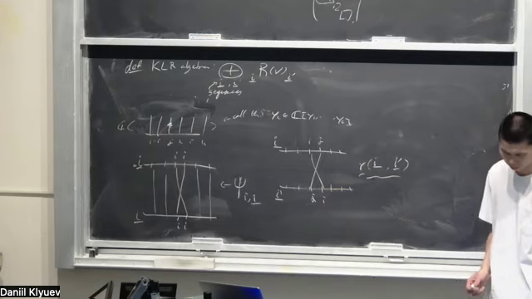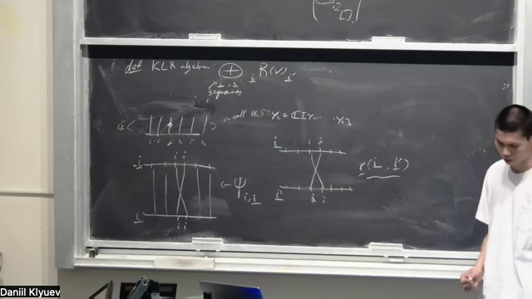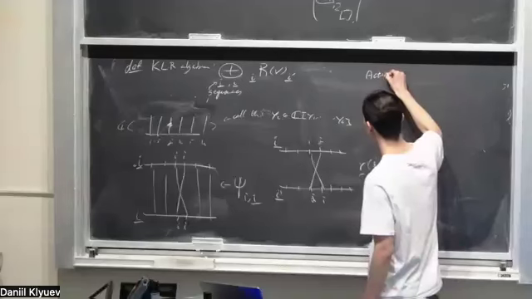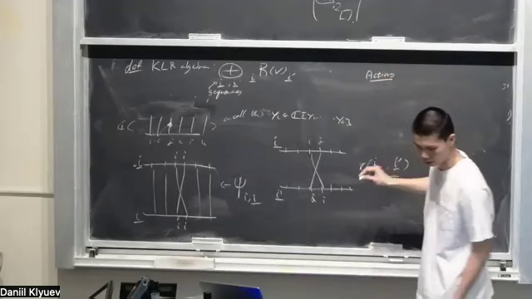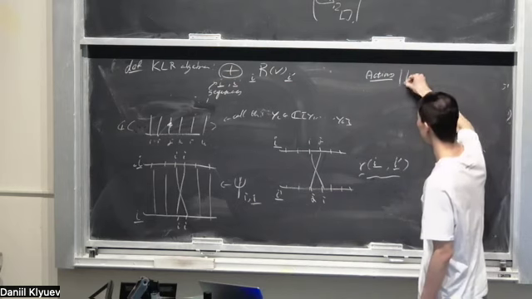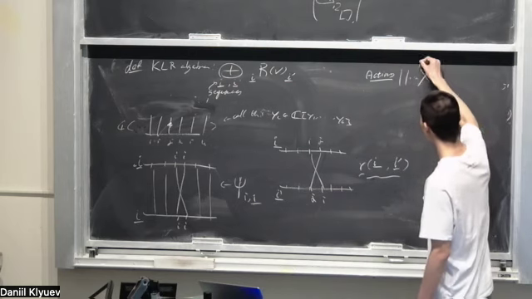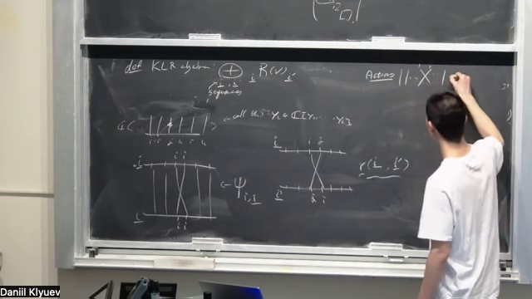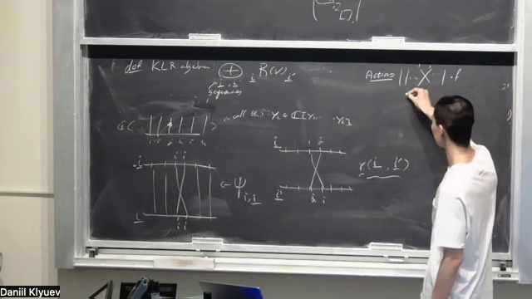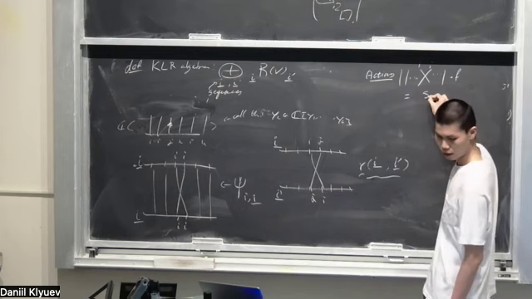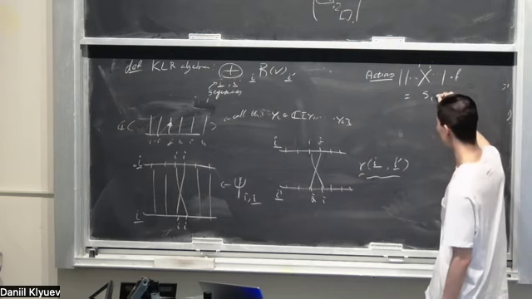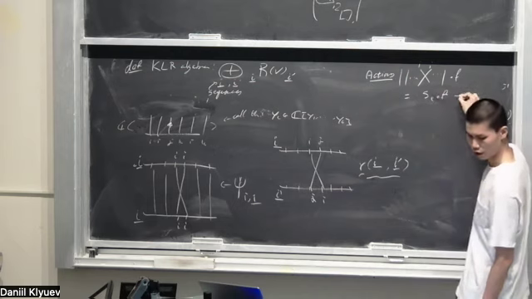And then what we could do is copy down what the action was before, when acting on F, to be something like, for example, this one would be the Demazure operation.